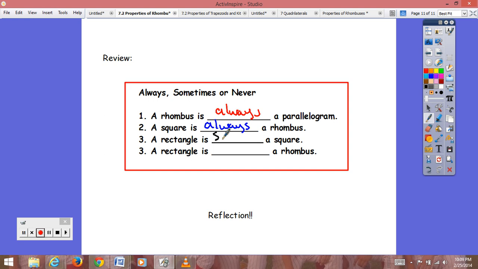A rectangle is sometimes a square, and a rectangle is sometimes a rhombus.